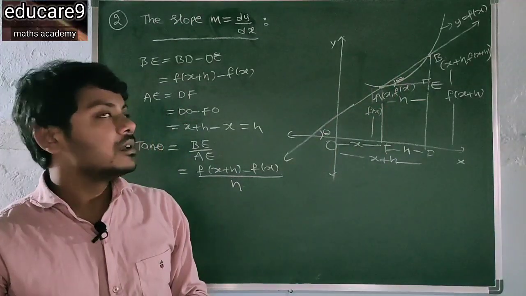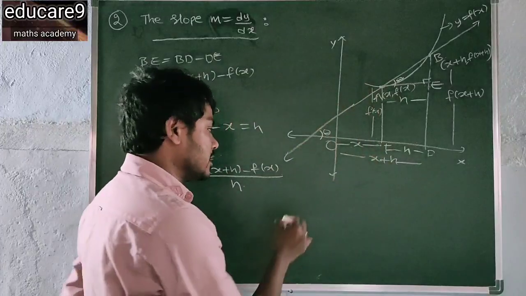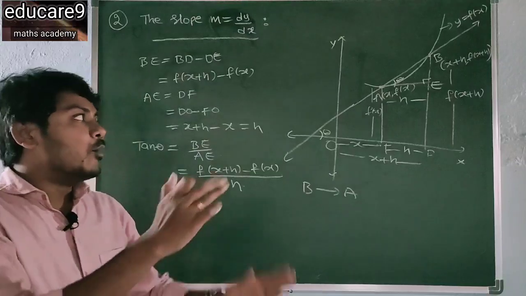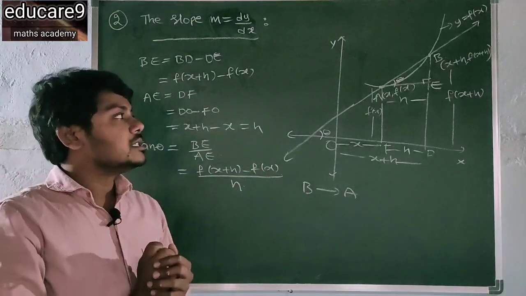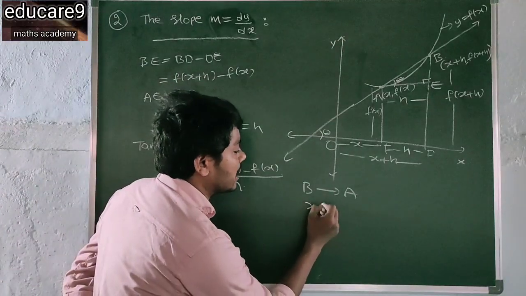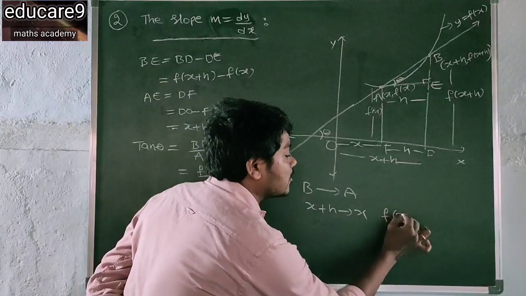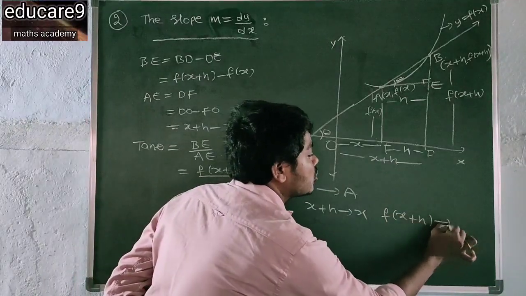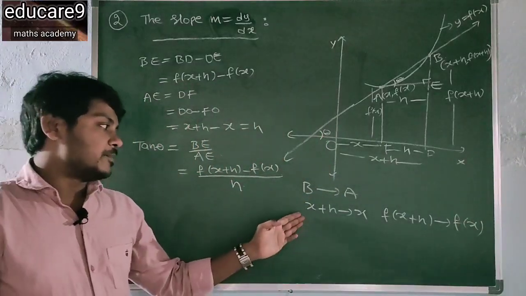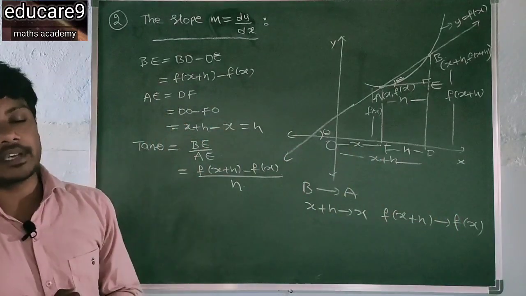Now see here, AB is what? A secant line. If B tends to A, then what do you get? Both A and B are the same point. Now in that case, x plus h tends to x and f of x plus h tends to f of x.